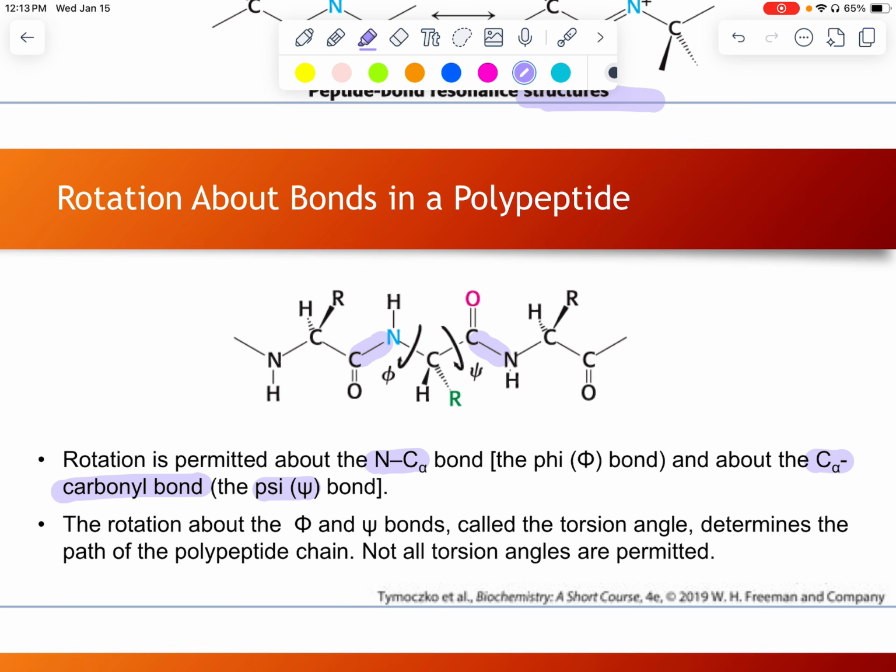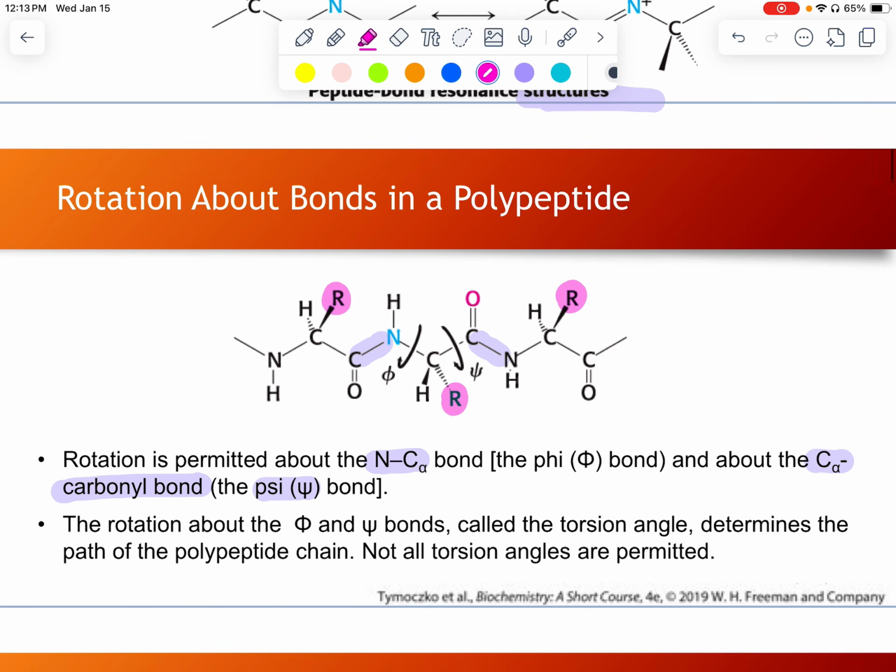I don't care if you know phi and psi, but it's just important to know that this molecule does have some rotation. The amount of free rotation around those bonds will really be dependent on the amino acid side chain. What is this side chain that is on each of these? That steric hindrance will limit rotation and help determine the structure of our molecule.